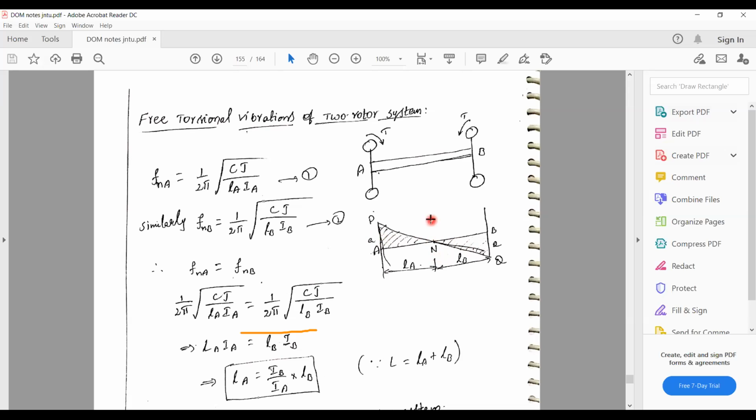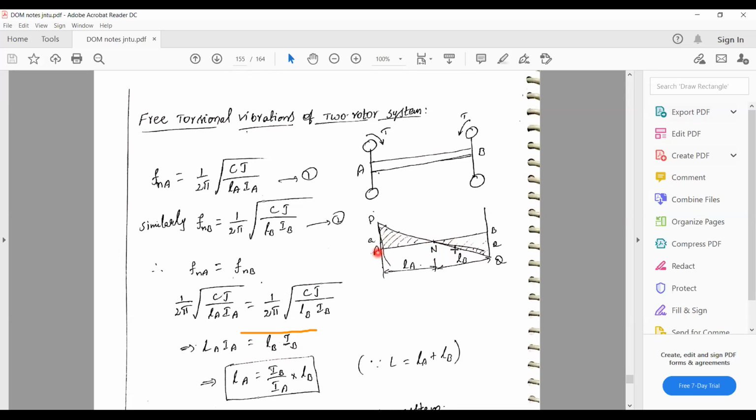The place where the amplitude value is zero forms one node. Node is represented with n.